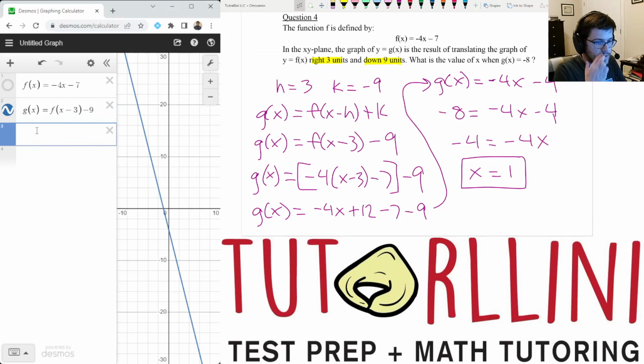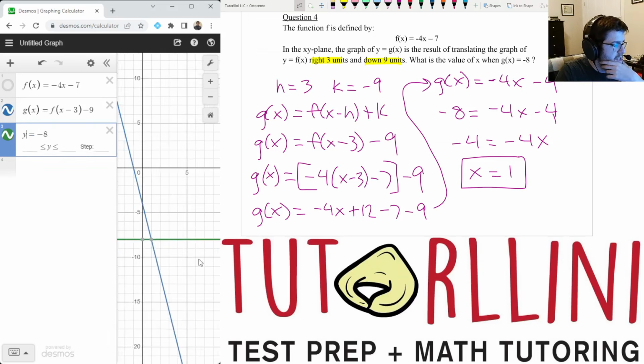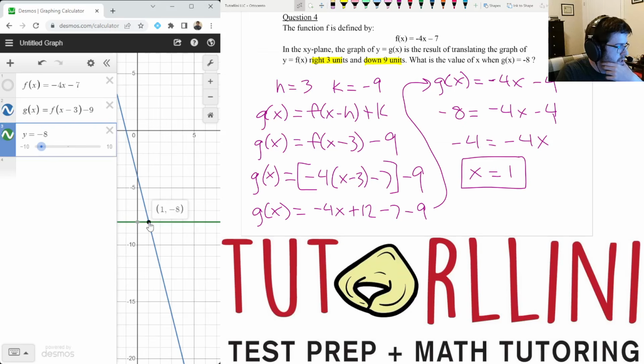And g of x equals negative 8. If you want, you can just type in y. And zoom in, click, and x is 1 when g is equal to negative 8. Great, looks good.